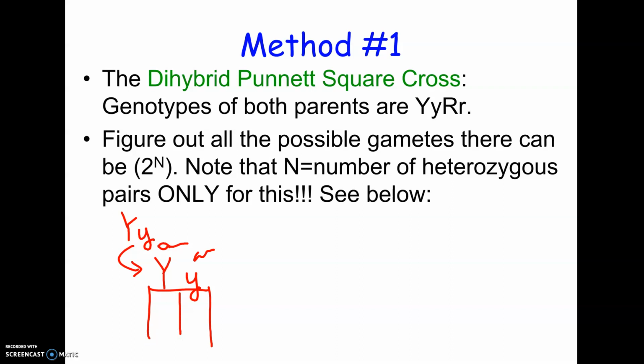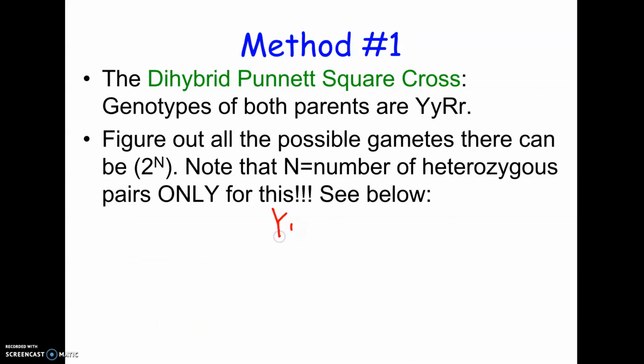In this scenario, we are actually looking at 2 traits, right? We're looking at the chances of yellow and the chances of round for each parent. And both of the parents were heterozygous. All right. So this parent is going to give 1 copy of Y and 1 copy of R to a sperm or an egg.